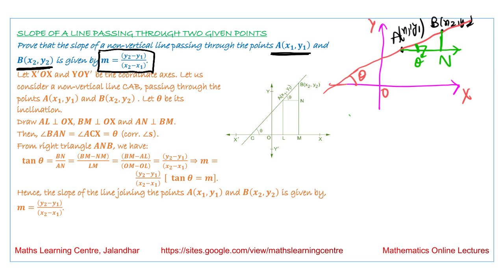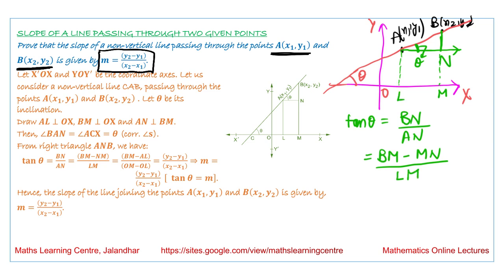Then what we obtain is that the value of tan theta is BN over AN, and BN we can write, if we extend this up to M, as BM minus MN, divided by AN. We draw the perpendicular over here and name this point L, so this length is LM.